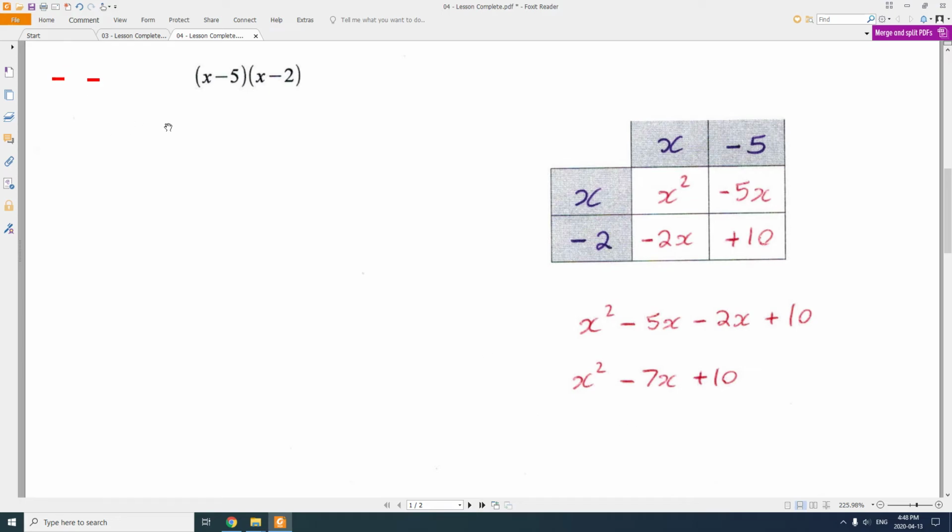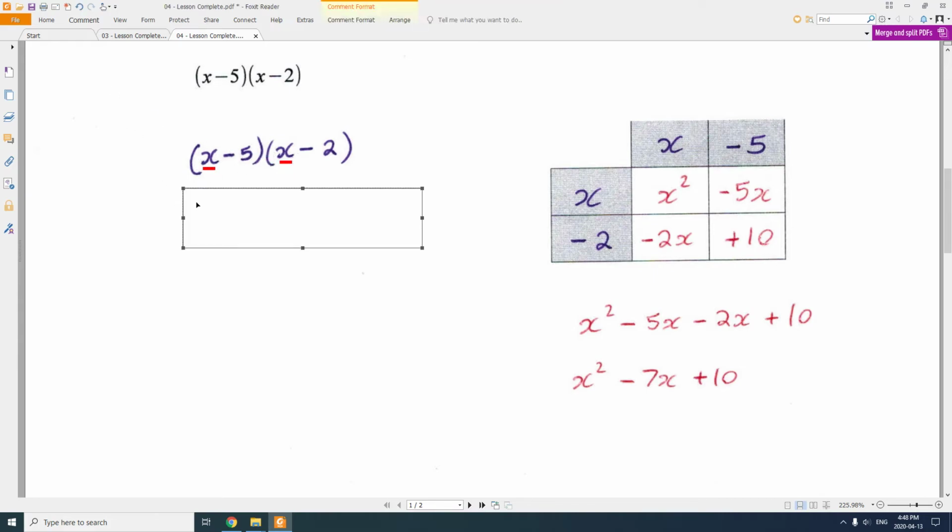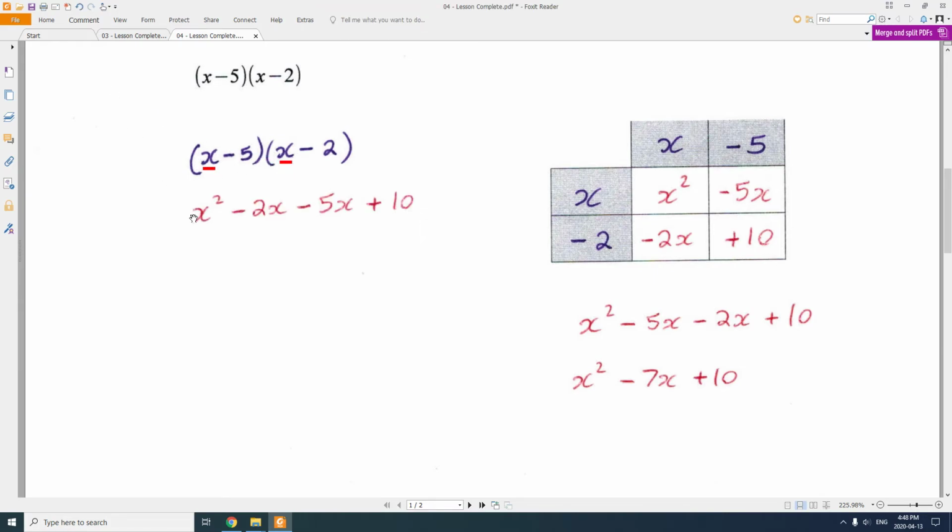Your other option would be using FOIL. So I just rewrote my equation one more time. And we'll do that method in case you use that method instead. All right, FOIL. That stands for first. My first terms multiply, and that gives me x squared.